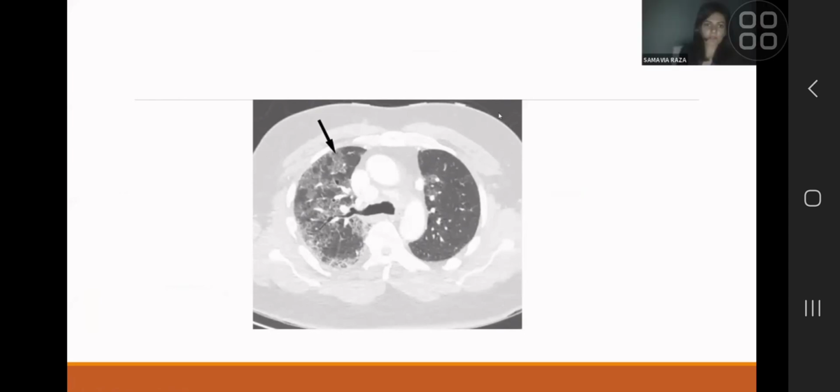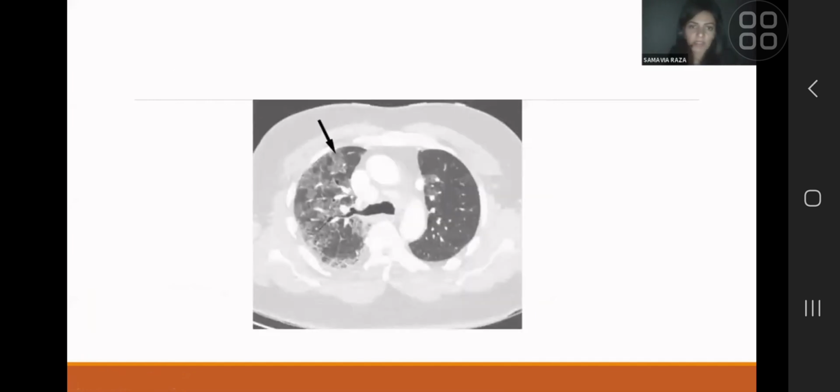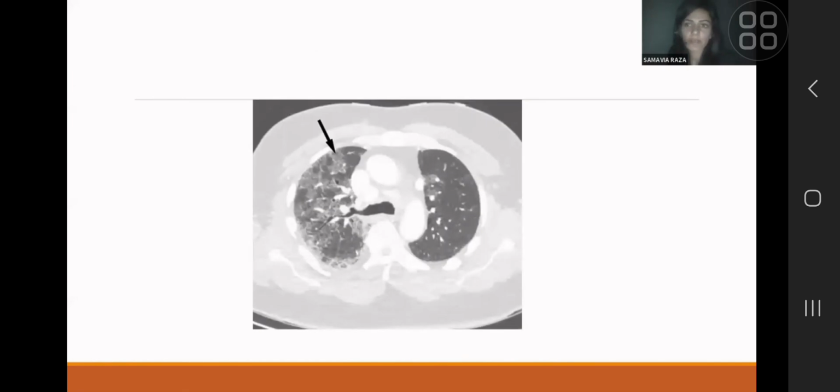Okay, so this one is, I'm pretty sure, pretty simple. Most of you will pick that this is ground glass that I'm showing you, and this is, I think, in a case of COVID. This one is what I want you to tell me what this is showing, where the arrows are.